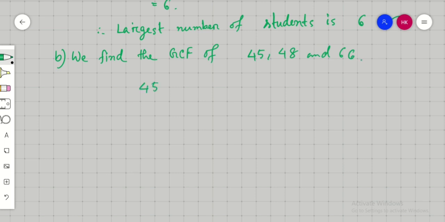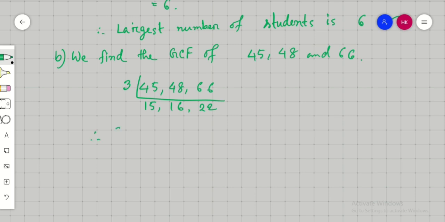So 45, 48 and 66. Can we divide by 2? No, because 45 cannot be divided by 2. So we try 3. 3 15s are 45, 3 16s are 48 and 3 22s are 66. Here we cannot divide any further because there is 15, 16, 22. No number can divide these three numbers together.